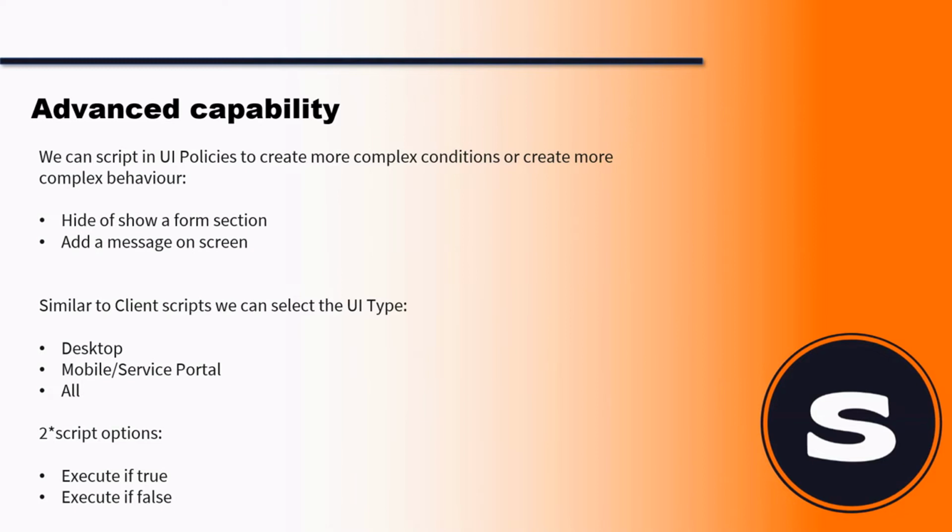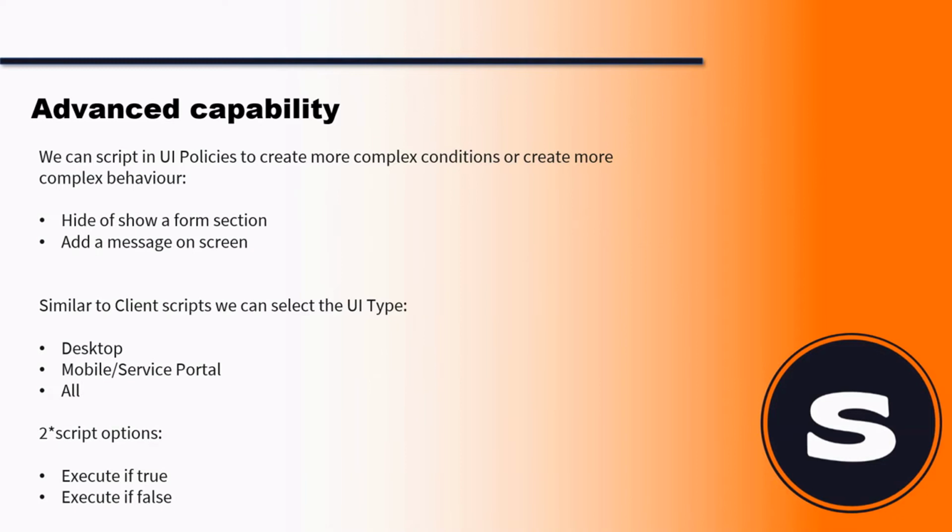Again, similar to client scripts, we can select different UI types. So we can say, I want this to run only on the desktop version or the mobile and service portal interface. Or I want to run on all of them, desktop and mobile service portal UI. And we have two different script options. And again, we'll see this when we look at the form.